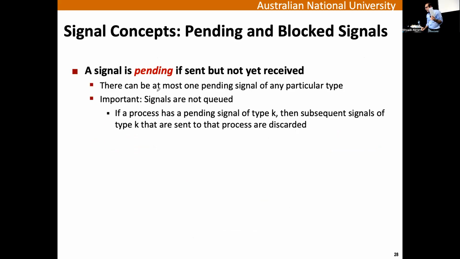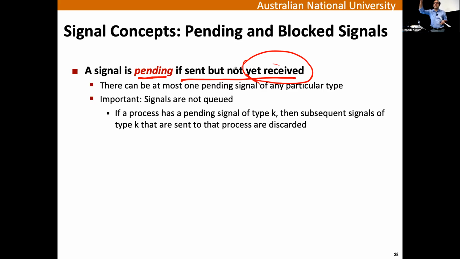We say that a signal is pending if it is sent but not yet received. Okay, so the program has specified a signal handler but it hasn't yet received the signal. The signal is pending somewhere. The kernel is smart to not always interrupt the application. So it does something special.